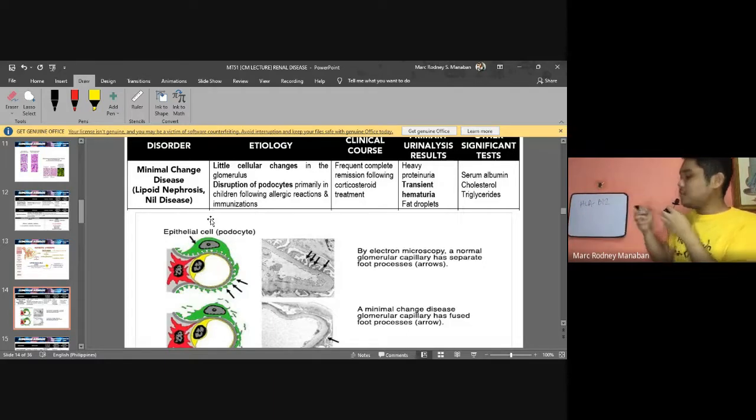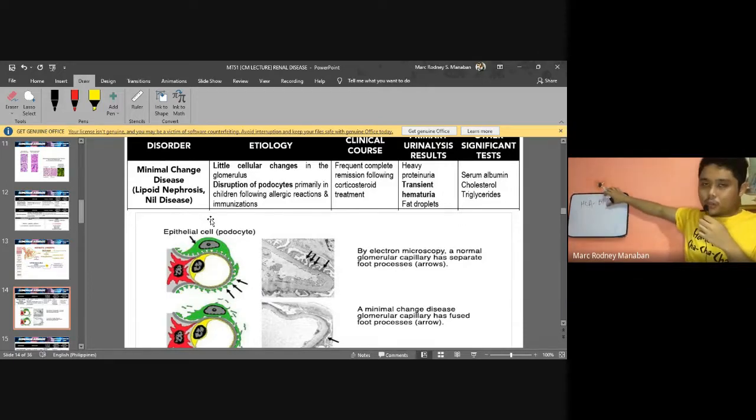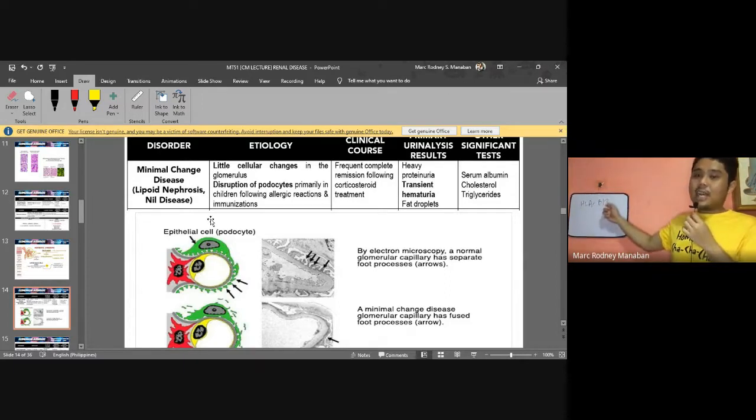So HLA B12, nasa MHC class 2 ni siya. HLA B12, alright? Ayan. So if ang patient contains this antigen or this human leukocyte antigen, then mas prone siya to develop minimal change disease. Again, unsa na HLA? HLA B12. Again, unsa na disease iyang possible na ma-develop if naa siya ani na HLA, you have minimal change disease.